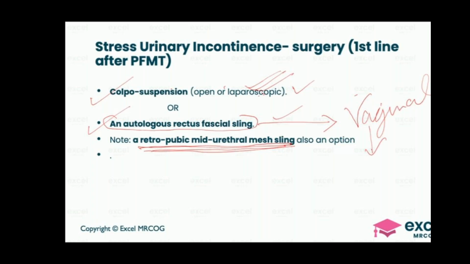Okay, so it is less extensive for the patient and it is easier to perform because both the procedures can be done vaginally. Then you can consider this. Otherwise, if there is one option that you have to choose for pure SUI, you would choose laparoscopic colposuspension.